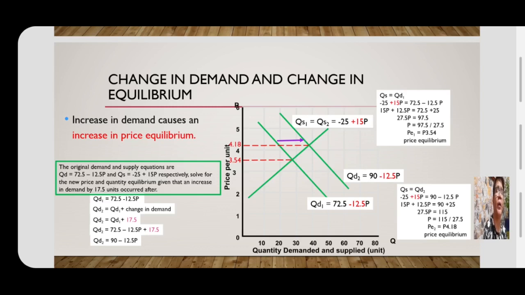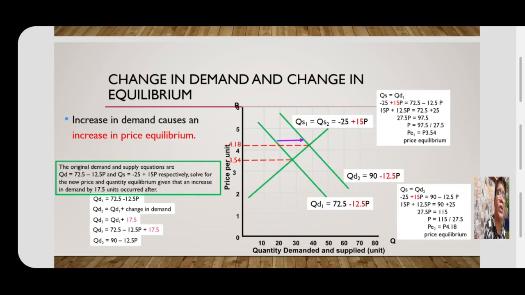The quotient of P will become 3.54, which is the value of the original price equilibrium, because it is the P found in equating the original supply equation and the original demand equation.